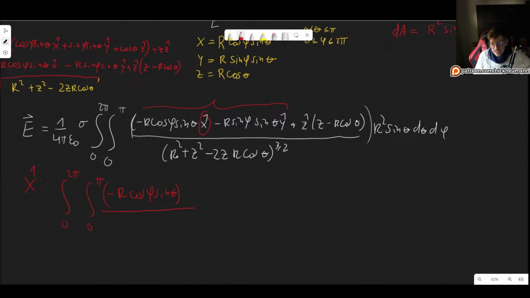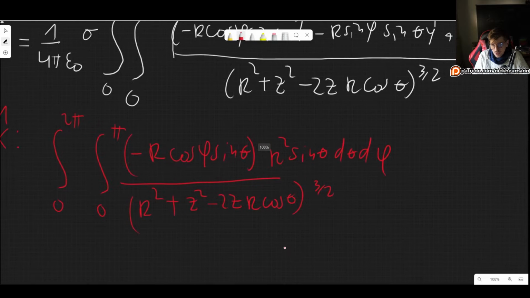I'm leaving the x hat out because we are implying that we're already there, but you could write it down. It doesn't make any difference. Then r squared plus z squared minus 2zr cosine of theta to the 3/2, times r squared sine theta d theta d phi.